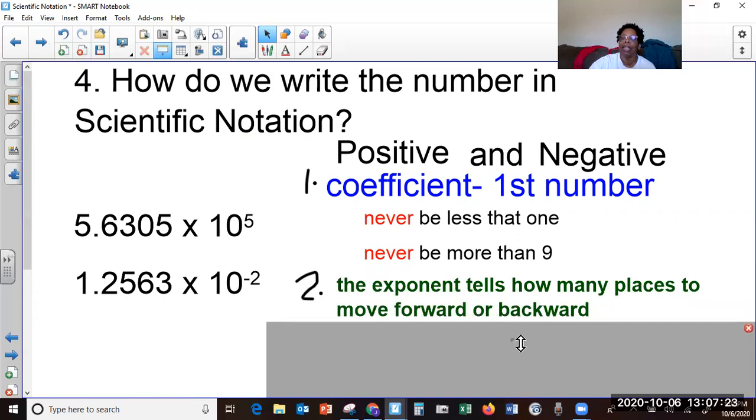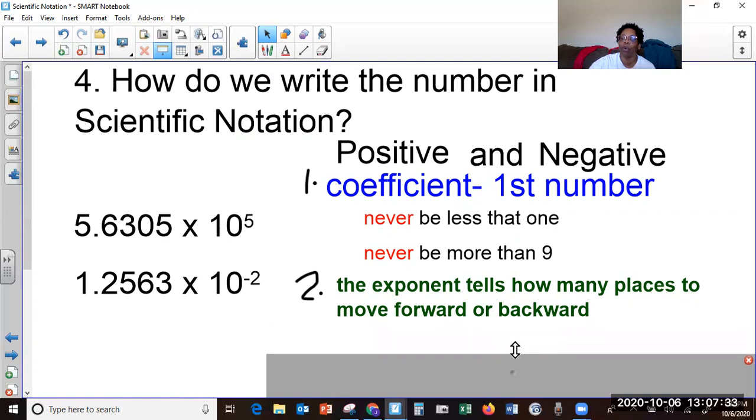Second, and we said this before, the exponent tells how many places to move forward or how many places to move backward. And the third thing to remember is that it's written as a power of 10.